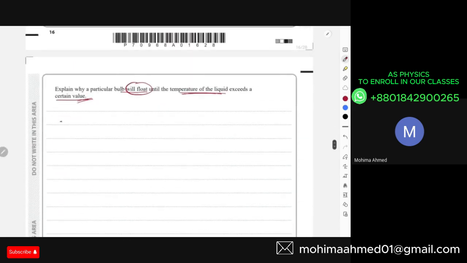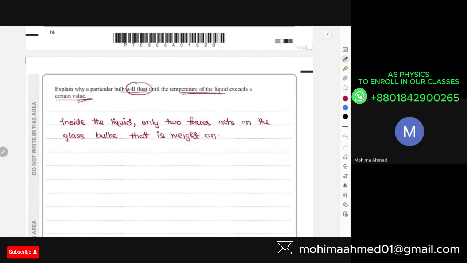So I'm going to say inside the liquid, that is weight and upthrust.